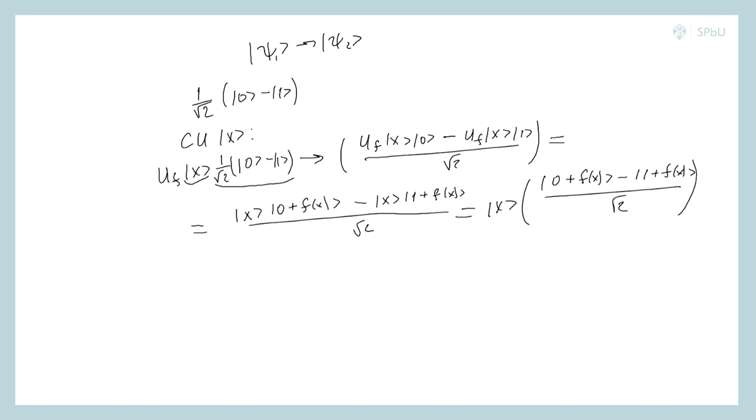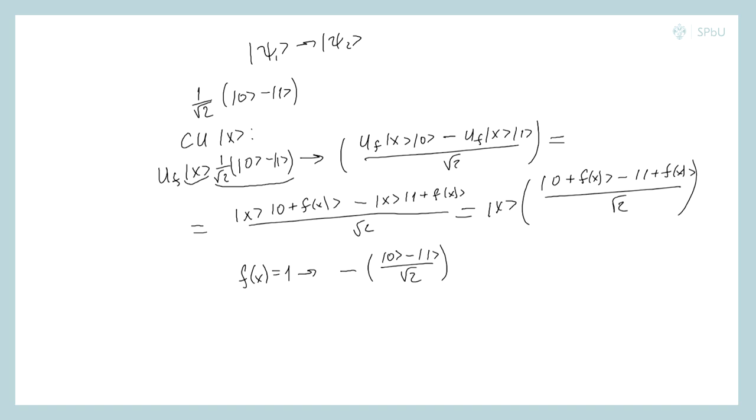And if f of x equals 1, then the target register state changed as follows. So if f of x equals 1, then the state of the target register is minus 0 minus 1 over the square root of 2.